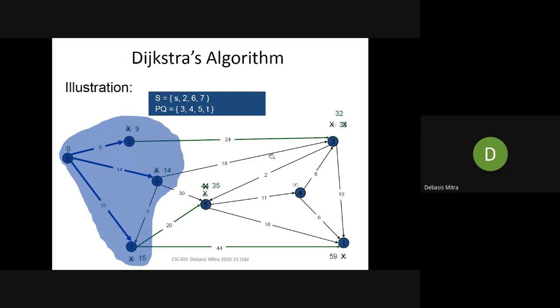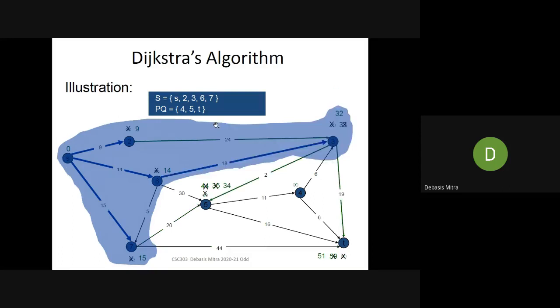Okay. So next, among these 4 nodes within this priority queue, who is having the minimum distance? 3. So 3 will be included, and by including 3, now the only new adjacency is this t.